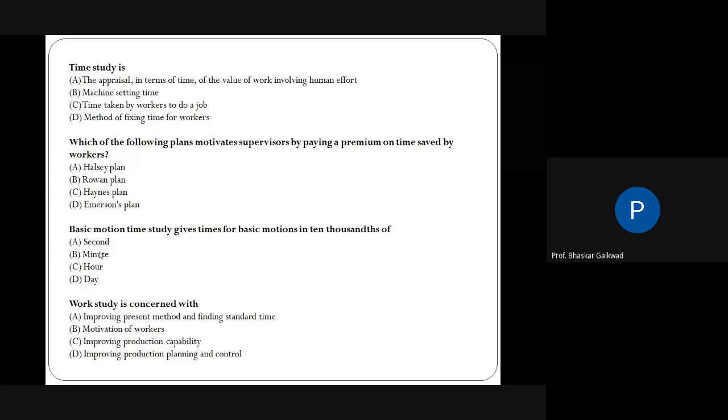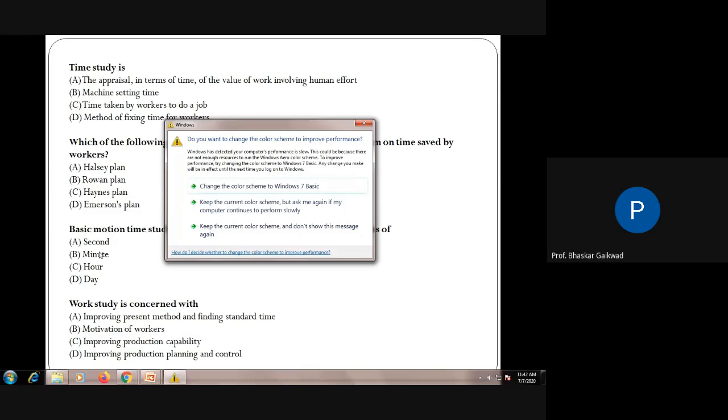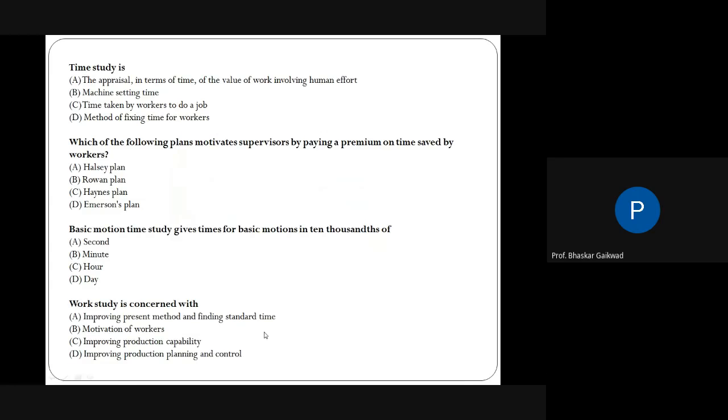Now work study's next question: work study is concerned with improving the present method and finding standard time, motivation of the workers, improving the production capability, improving production planning and control. So these two words are related to production.